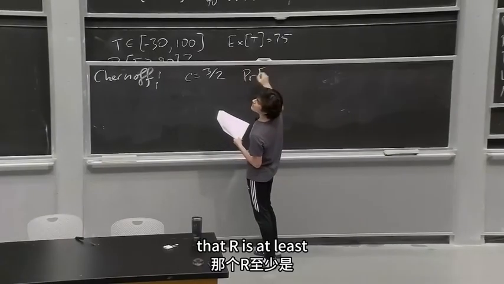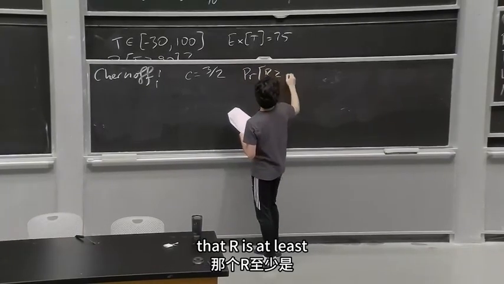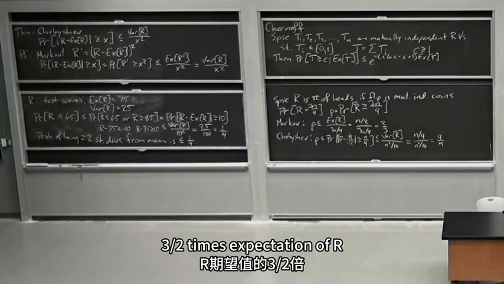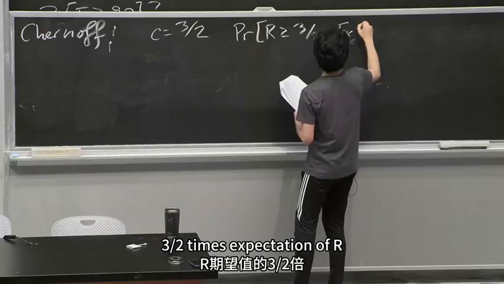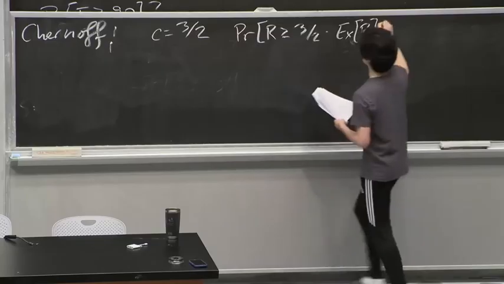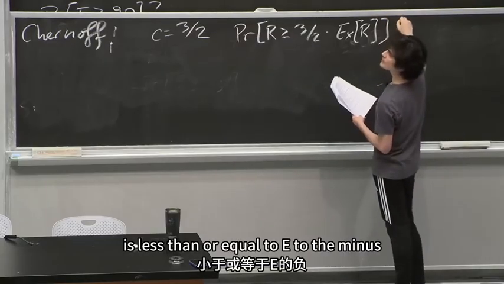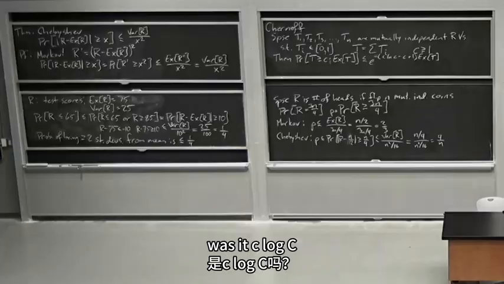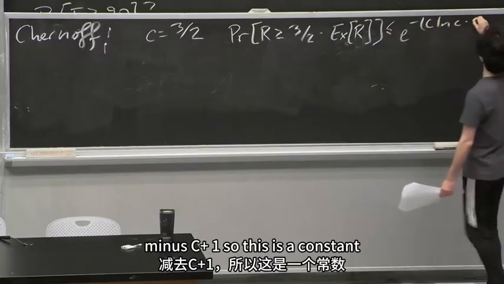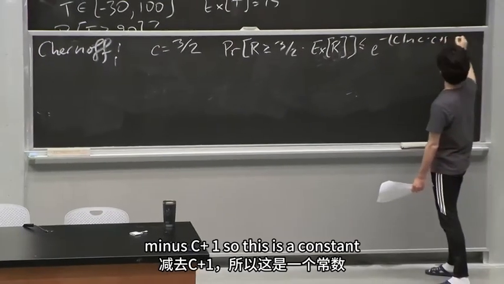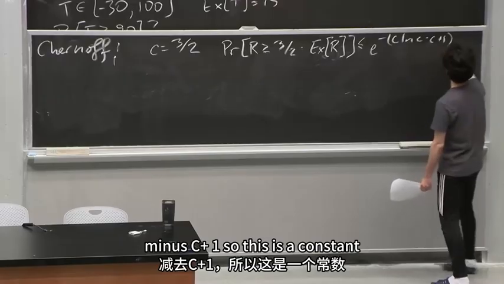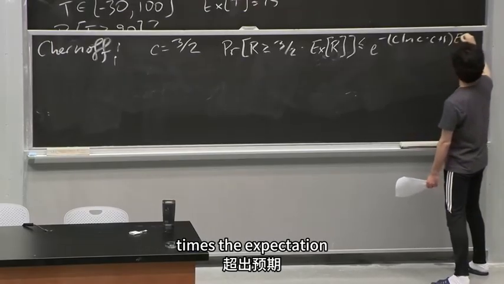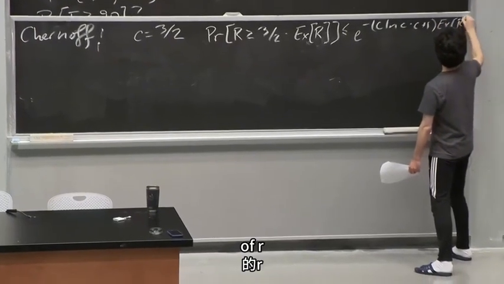Probability that R is at least 3/2 times expectation of R is less than or equal to e to the minus, was it c log c minus c plus 1, times the expectation of R.